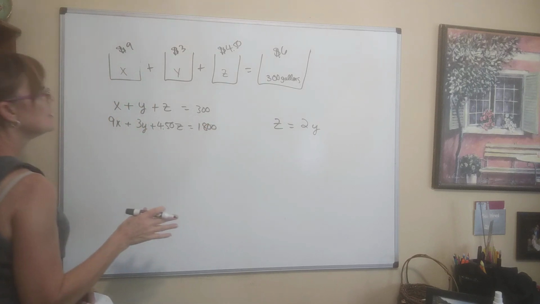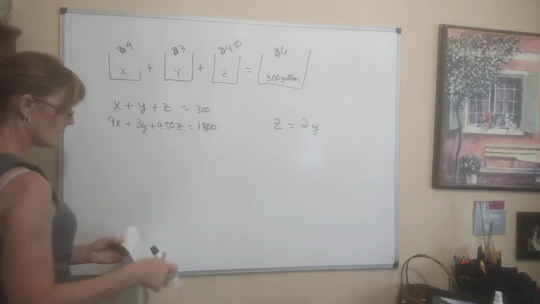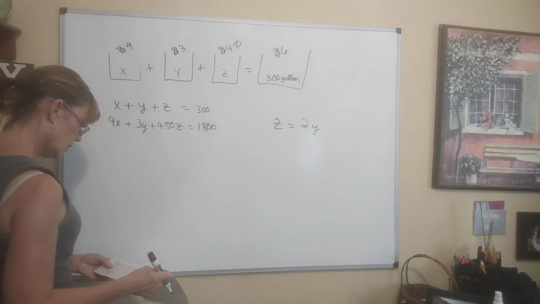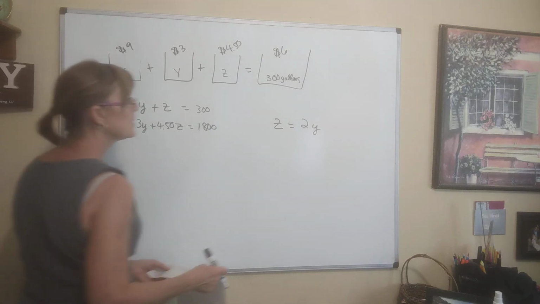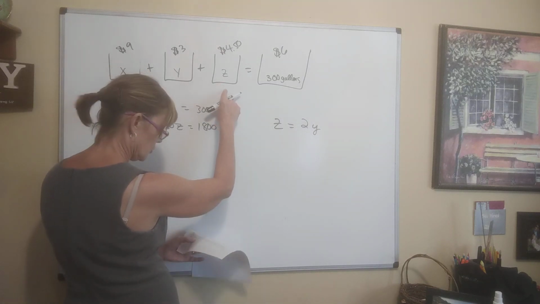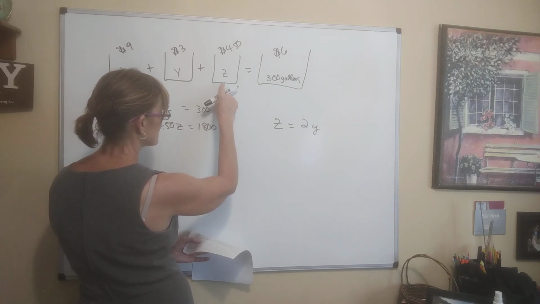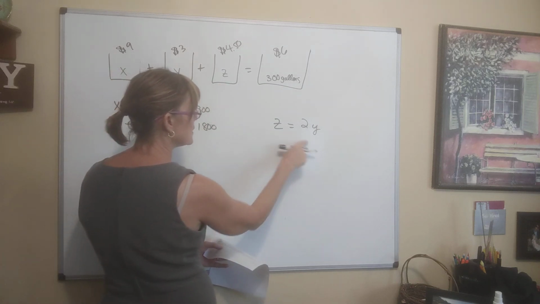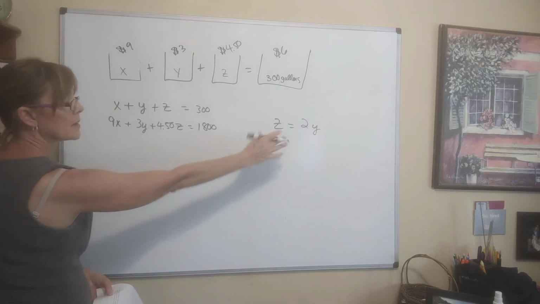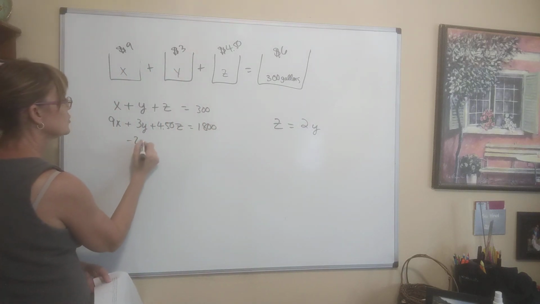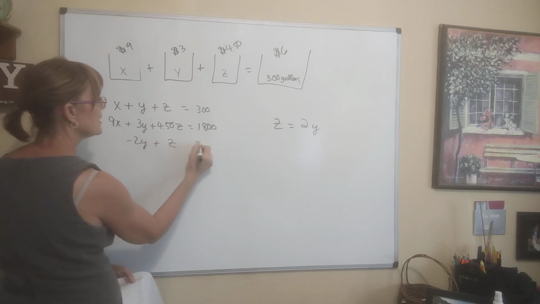All right, now the last equation said that she has to use twice as much of the $4.50 as the $3. So this is the bigger amount. Okay, so that's twice as much as that. So how I set this up is I'm going to back this up. So it's going to be minus 2y plus z is 0.